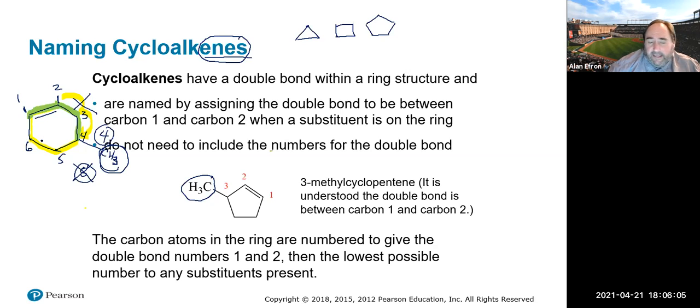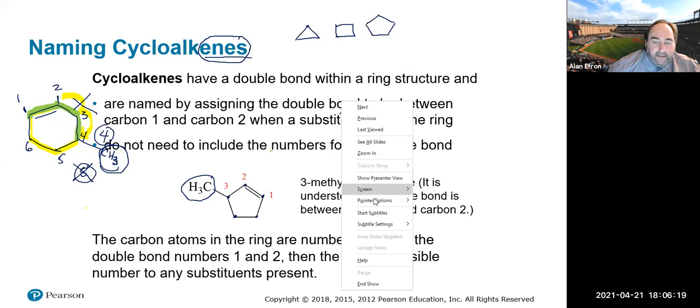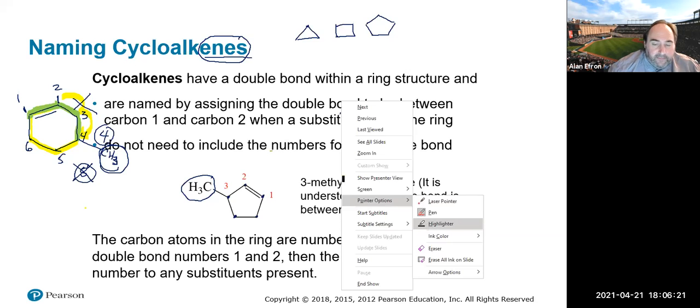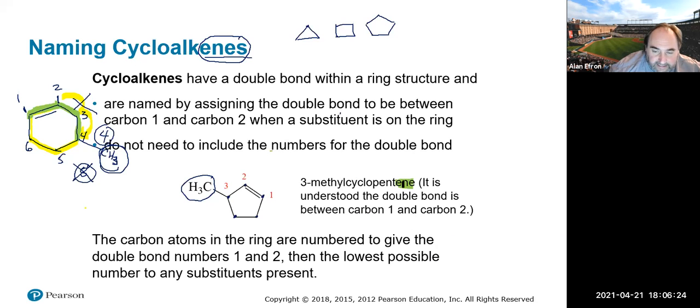And that's what we see here with 3-methylcyclopentene. This is a 5-member ring. A 5-member ring with no double bond is cyclopentane. With the double bond it becomes cyclopentene. Again, we don't need to give the location of where this bond is, but we assume that it is carbon number 1.